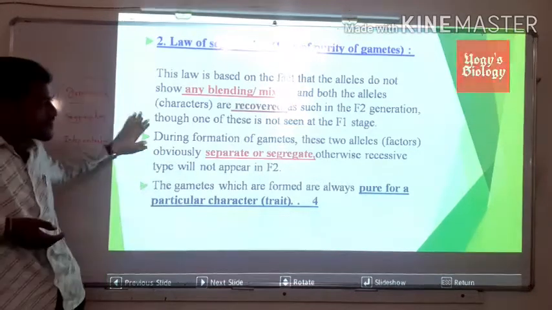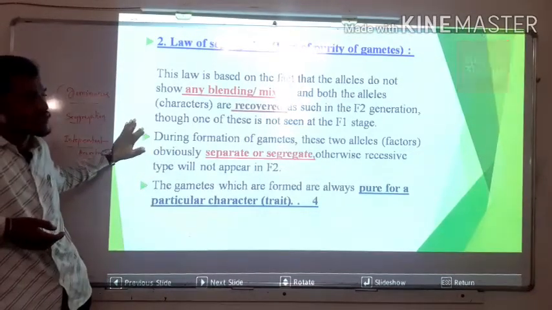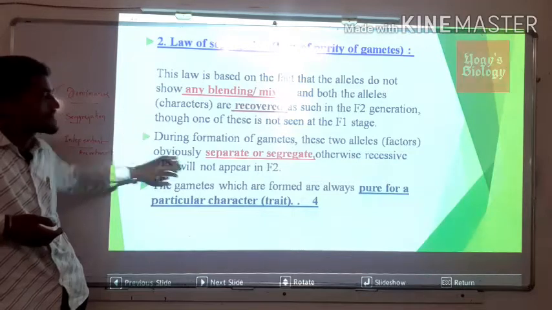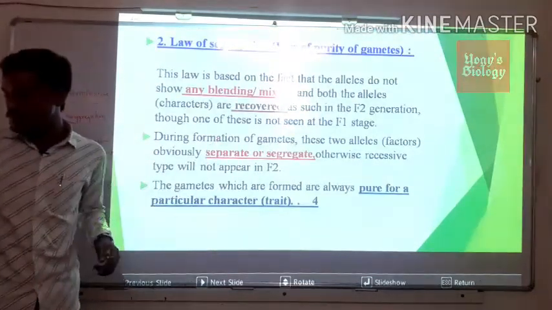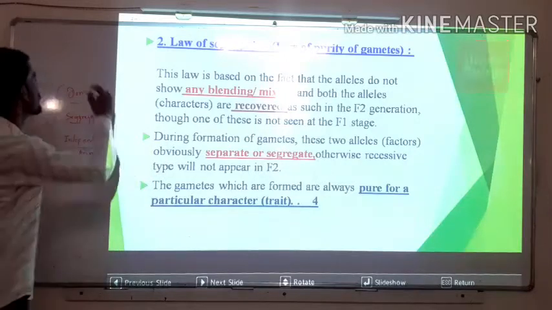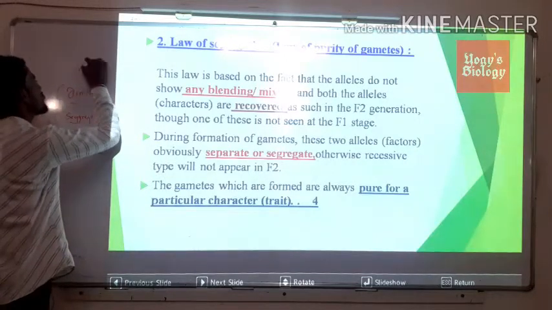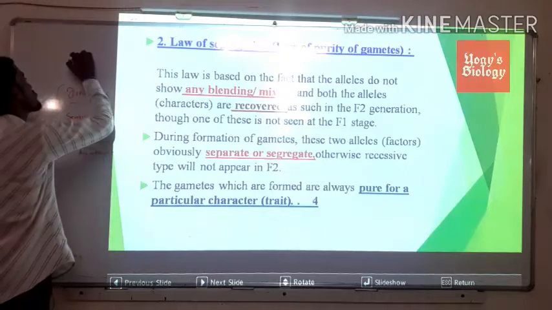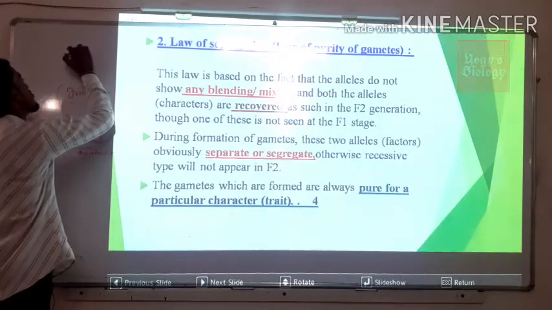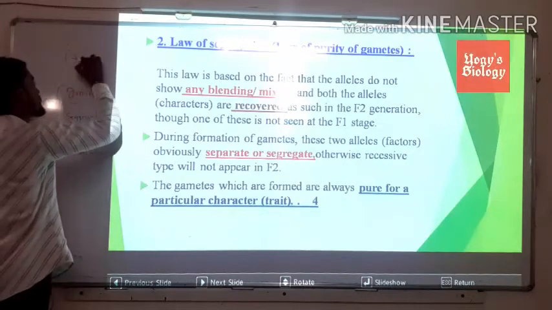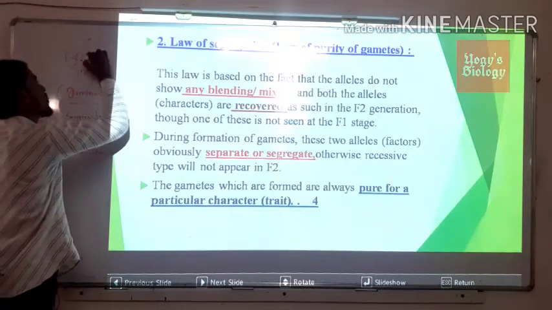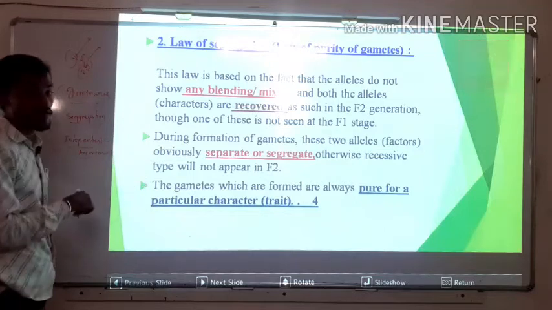During the formation of gametes, alleles or factors separate or segregate from each other. For example, in a 2n organism with capital Y and small y, they segregate in the process of gametogenesis, or gamete formation.